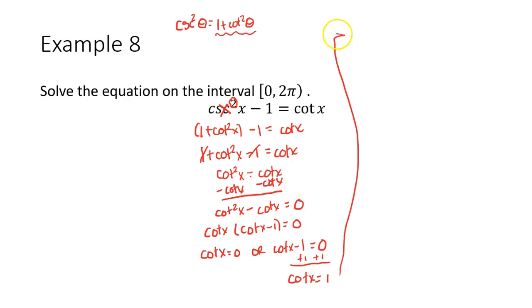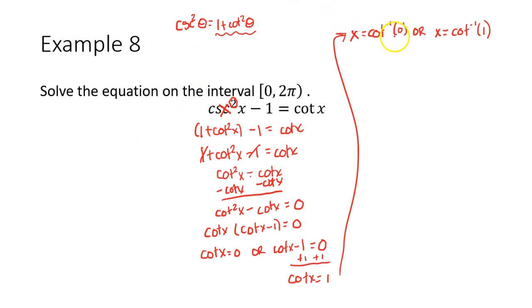Let's pull this up here. If the cotangent of x is equal to 0, then we can say that x is equal to the inverse cotangent of 0. And if the cotangent of x is equal to 1, then we can say that x is equal to the inverse cotangent of 1. Let's look at the unit circle.